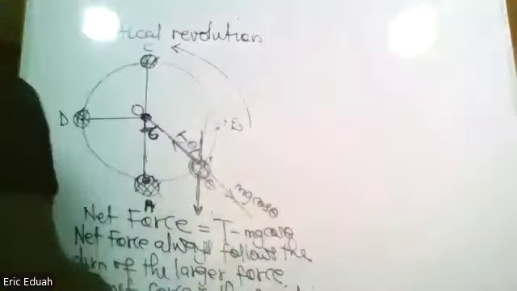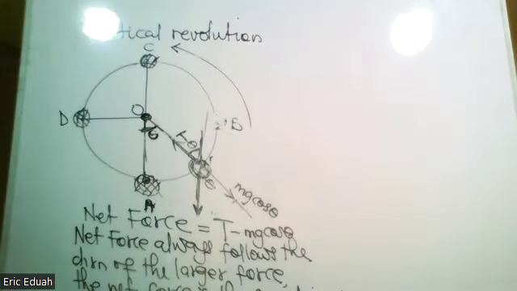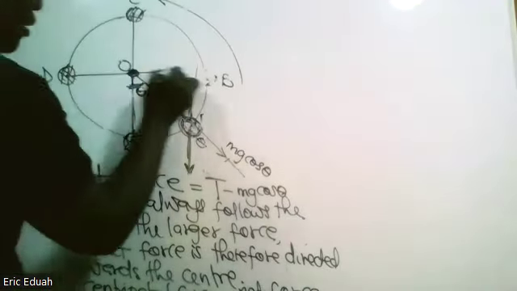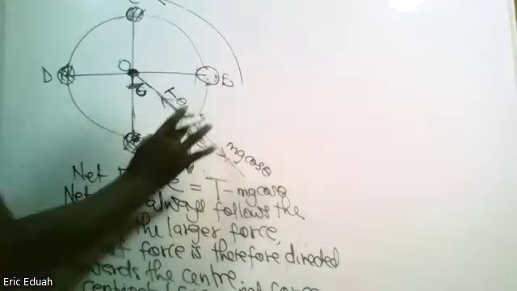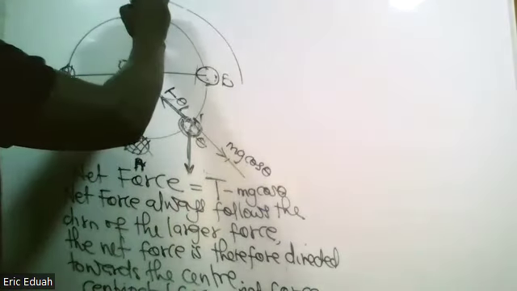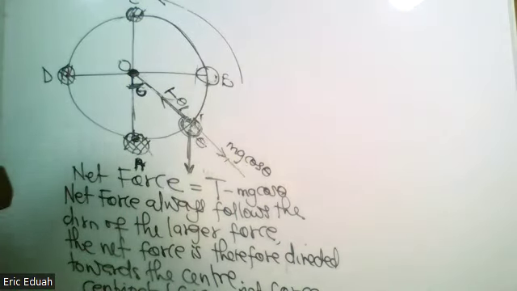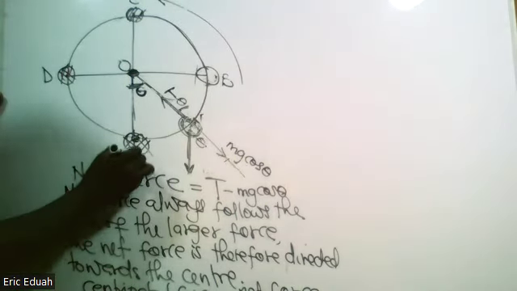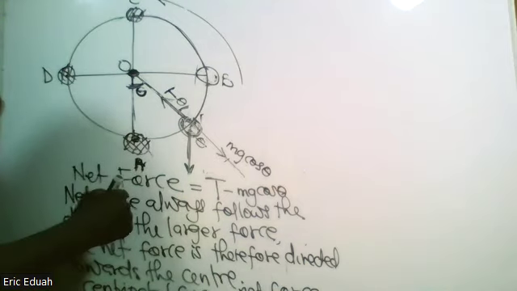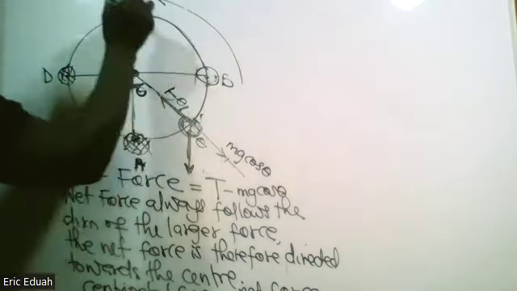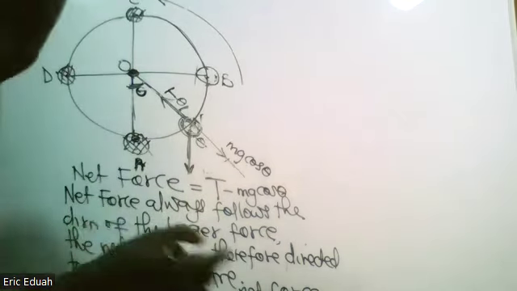Now, as the body rotates vertically, what happens is that the tension within the string at different points, A, B, C, D, changes.